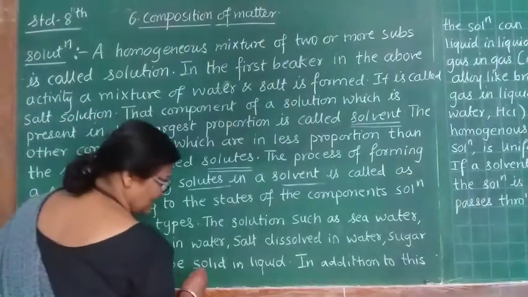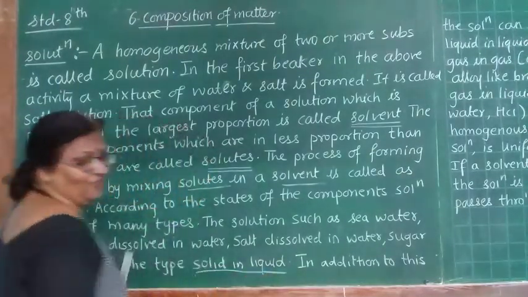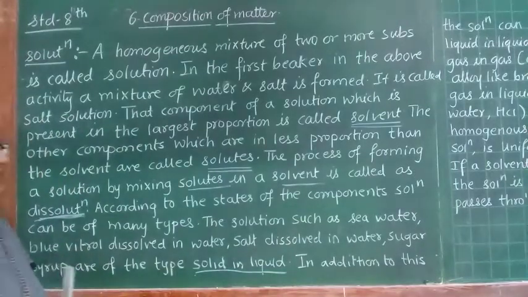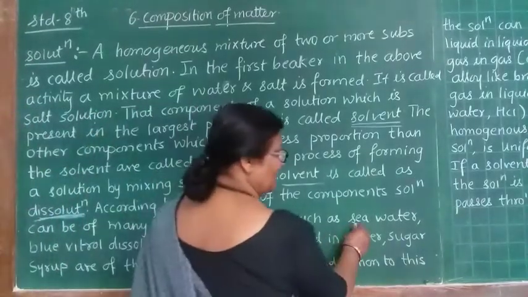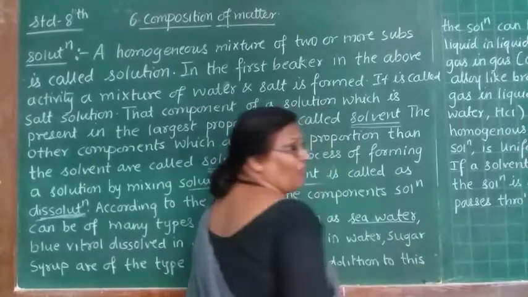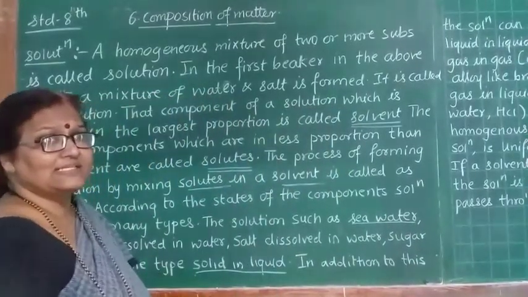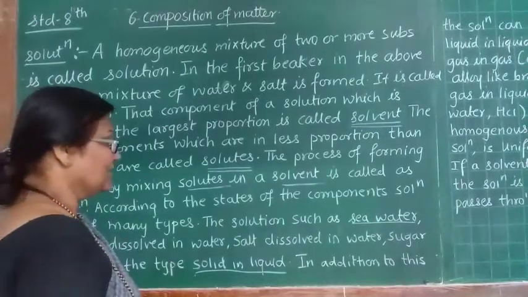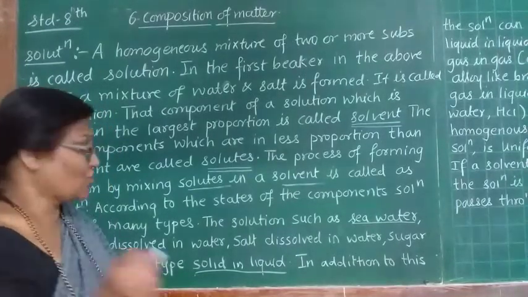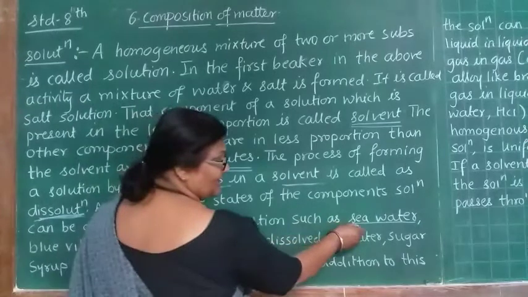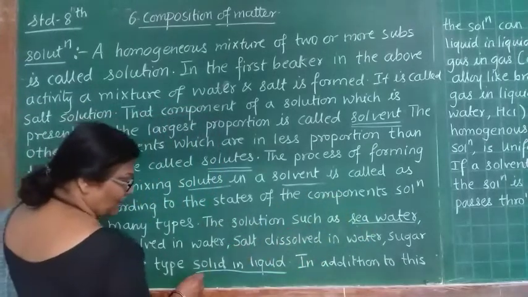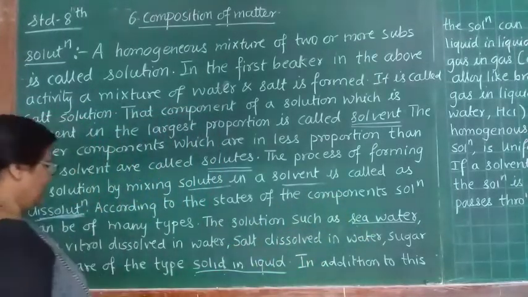Here the solution is of type solid in liquid because water is in a liquid state and the salt is in a solid state. Therefore we say that the solid is dissolved in liquid, so we call it the type solid in liquid.